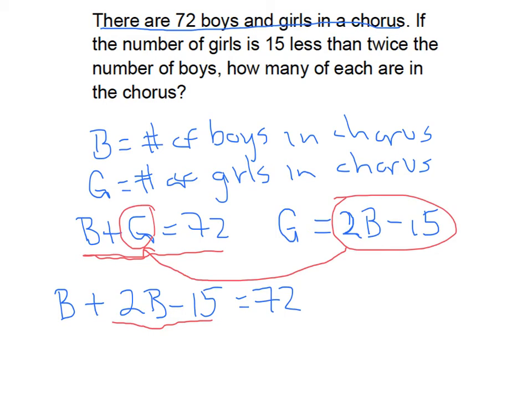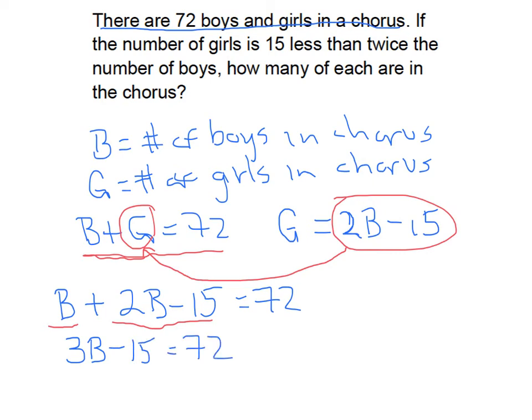So if we read this equation back to ourselves, the equation actually says B, the number of boys in the chorus, plus 2b minus 15, which is the number of girls in the chorus, equals a total of 72 children in the chorus. So, of course, we should be able to solve this equation now by collecting like terms. That's 3b minus 15 equals 72.